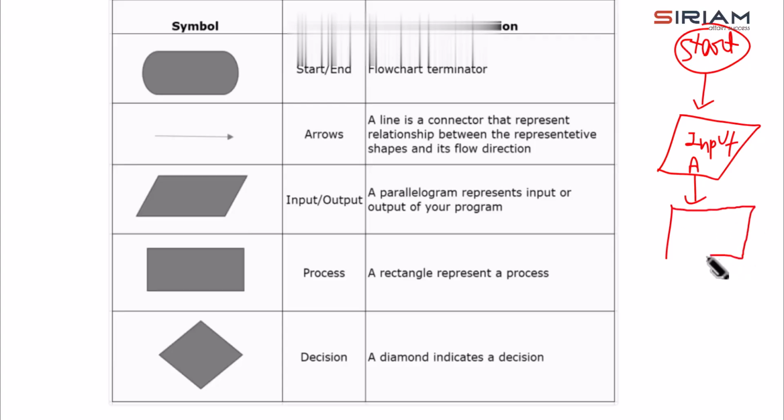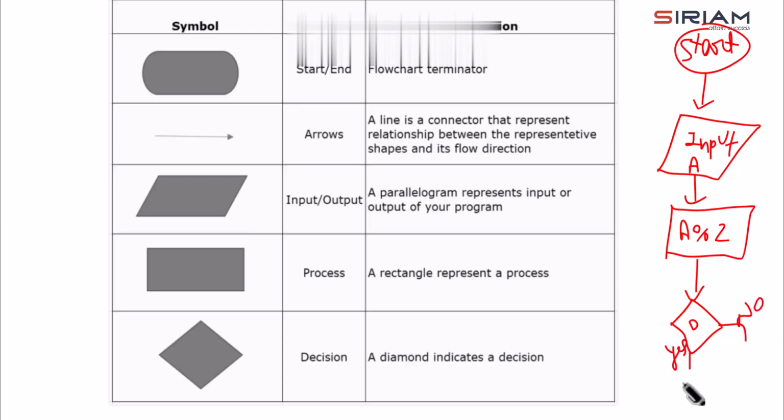And if A modulo 2 is 0, we make a decision call here: if it is 0, if it is yes, or if it is no. If it is yes, we have to give the output, so for the output we'll make a parallelogram, and in that output we'll write E. E means simply even.